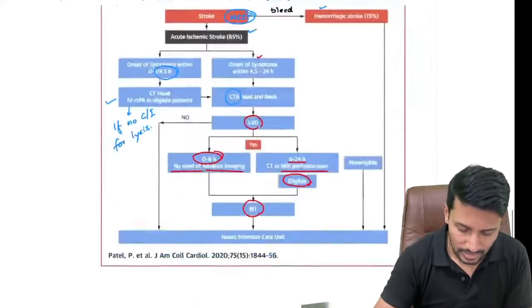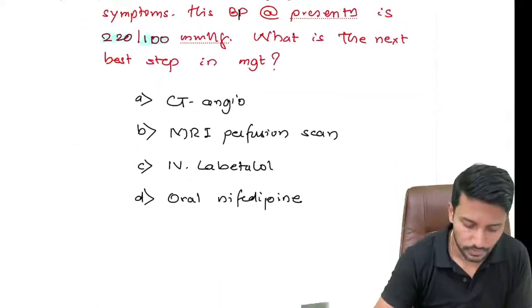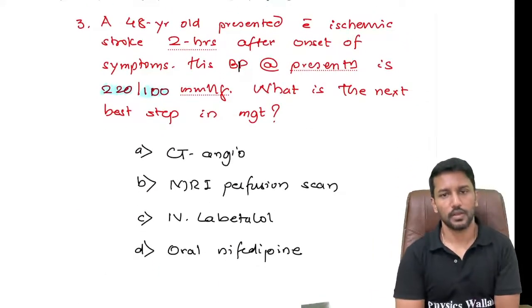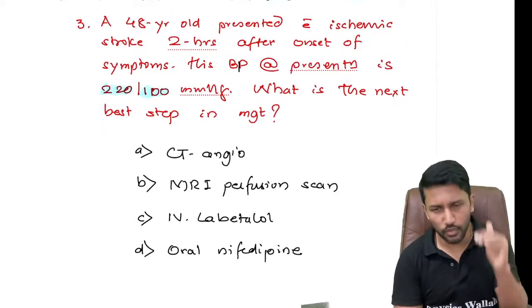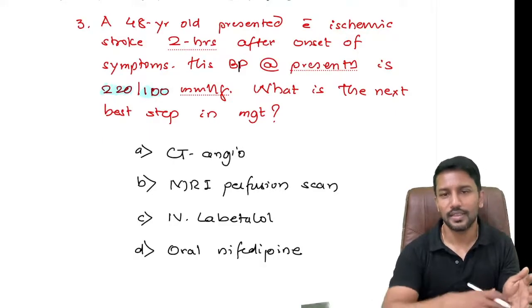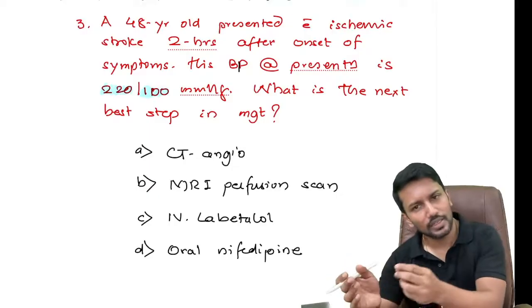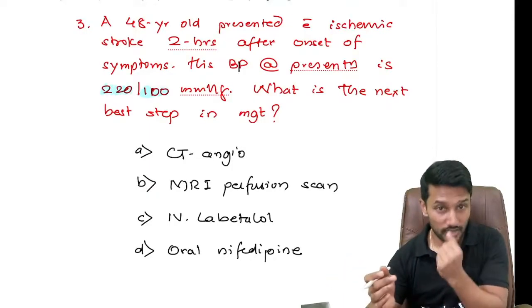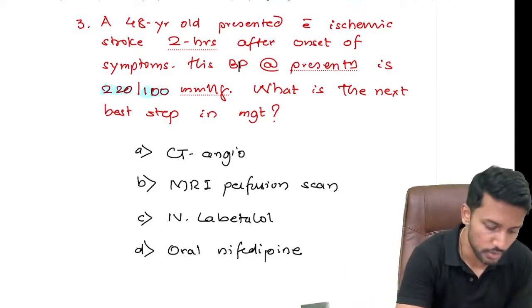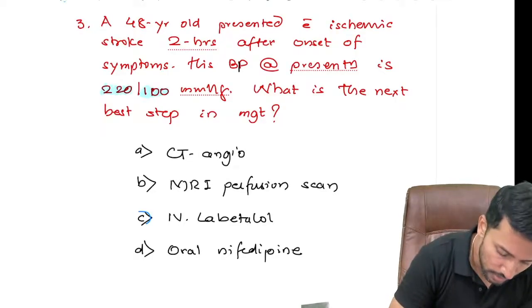So in that case, now what should be our answer? Here the next logical step is to lower the BP, do the thrombolysis, then do the CT angio, and if the CT angio shows a large vessel occlusion, then do the mechanical thrombectomy. So the next immediate best step would be to go ahead and give IV labetalol.